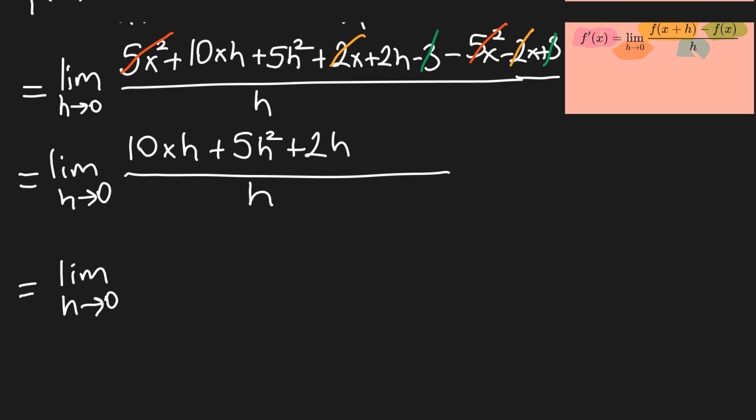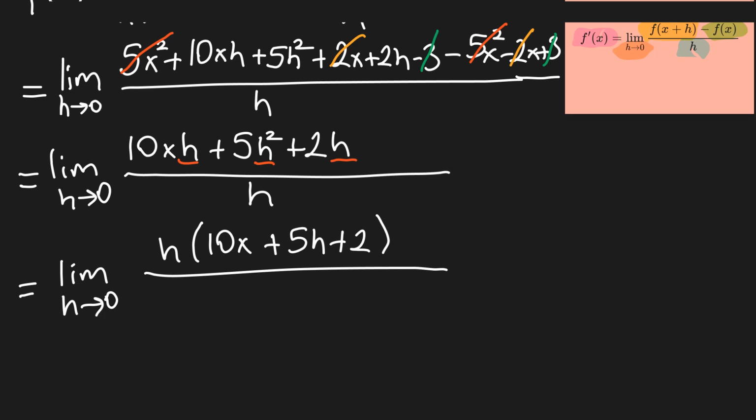As you see, h is a common factor here, and I'm factoring it out. This h cancels with the bottom h.